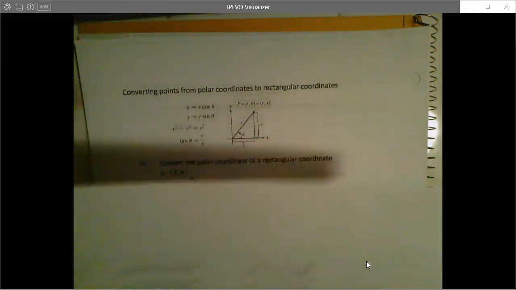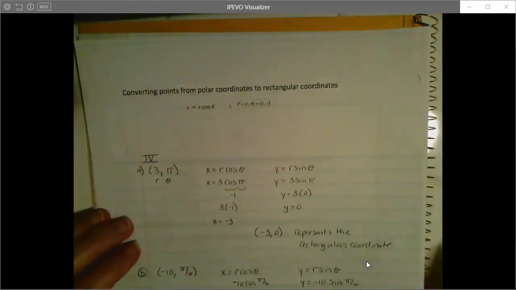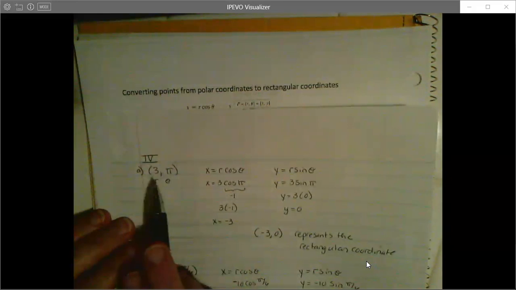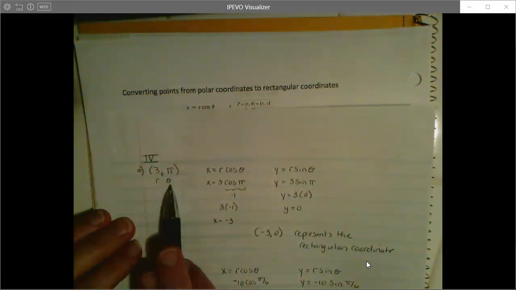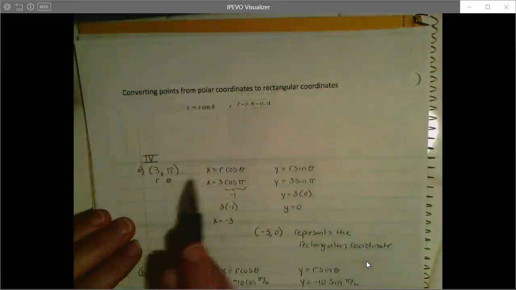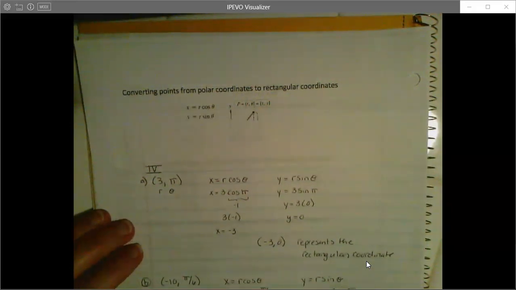So let's look at those problems. Here's our first one. So I have the polar coordinate 3, pi. 3 is the r value, pi is the theta value. So I know, according to this, that x equals r cosine theta and y equals r sine theta. So if this is r, I'm going to put this in for r.